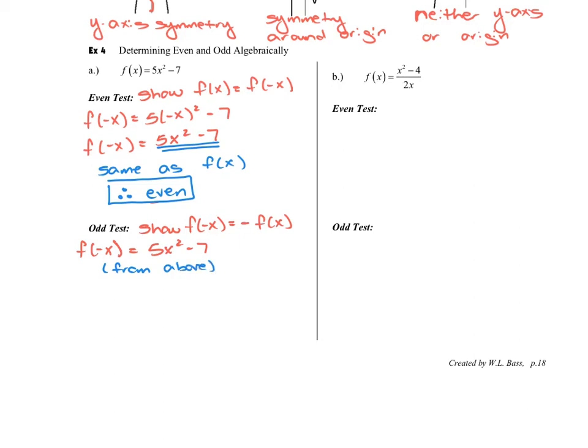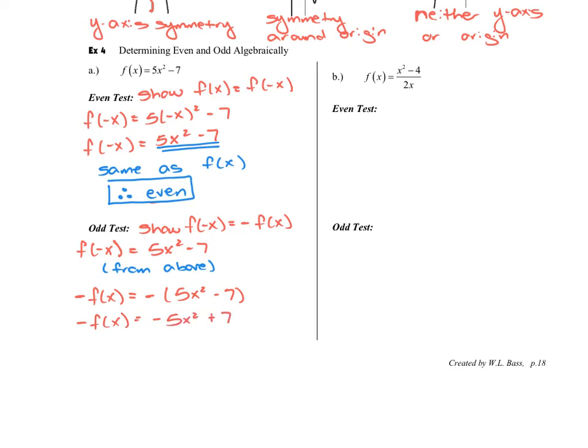Now we're going to find negative f of x. You would have done this in your summer packet as well. Negative f of x says we need to take a negative and distribute it to the entire original function. So if I take this negative and start distributing it, I am going to get negative f of x equals negative 5x squared plus 7.